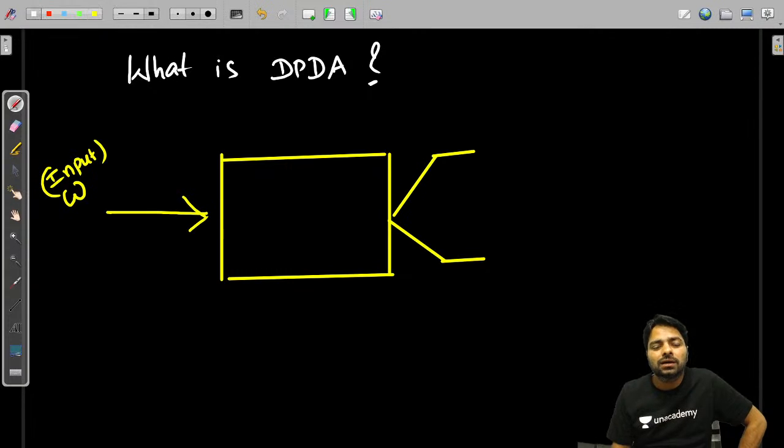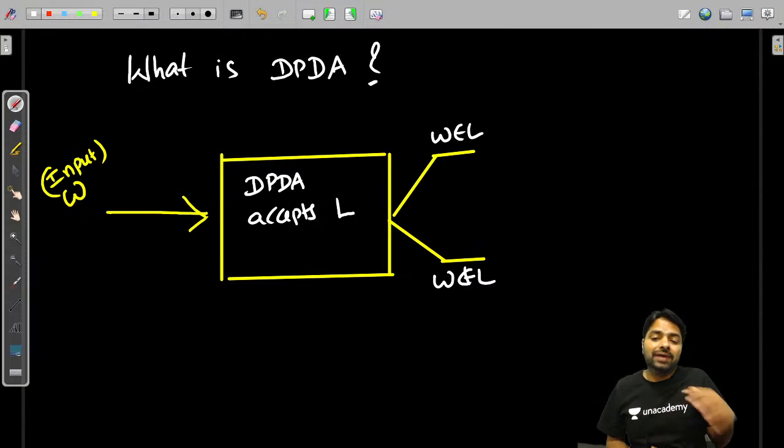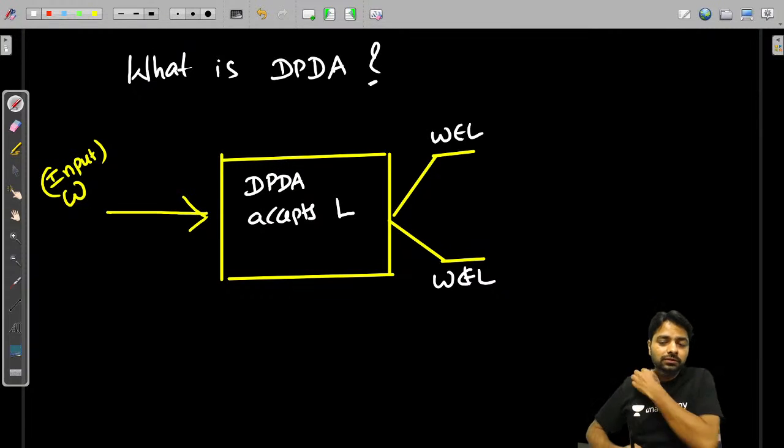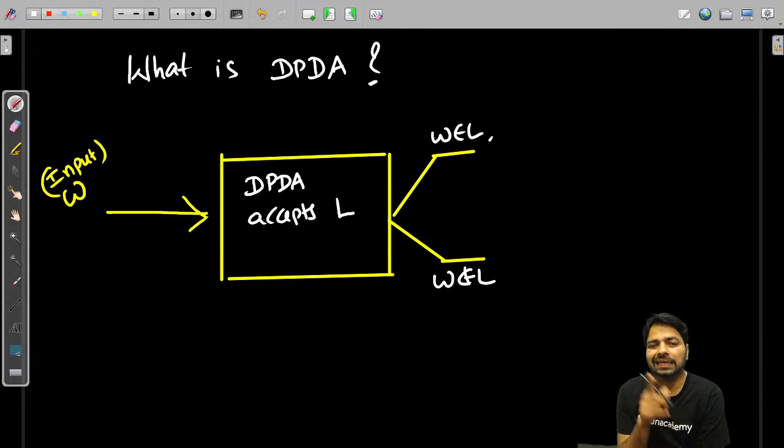I'm assuming this DPDA accepts some language L, a deterministic CFL we call it. Accepts L. Suppose W belongs to L, or W does not belong to L. How do you show that the string is valid or invalid? If the string is valid, now guys, this is the DPDA, at any cost you have to show it with the final state.